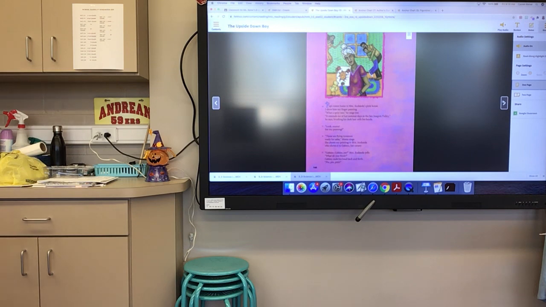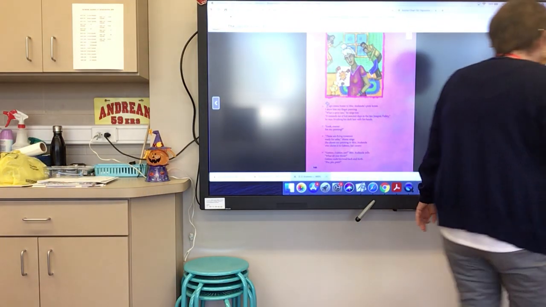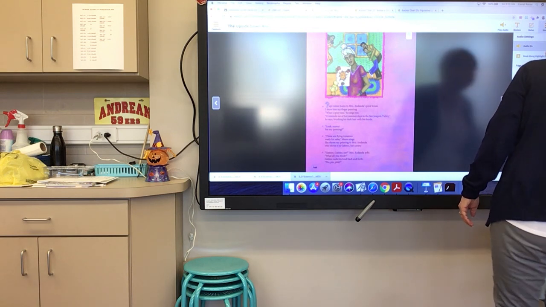Okay, we're ready. We needed pages 168 and 169, and this is page 168.